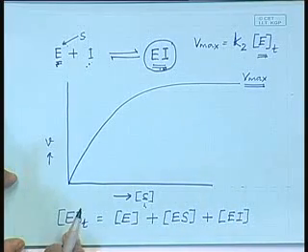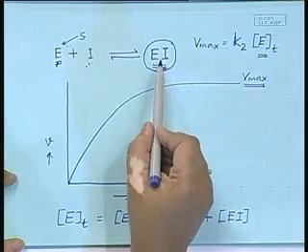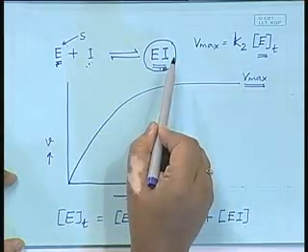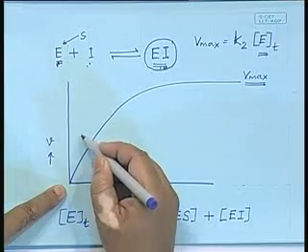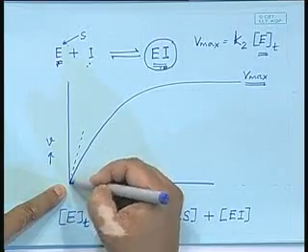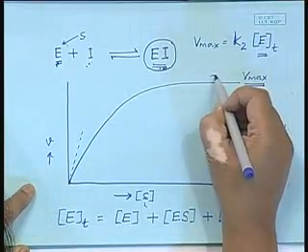That is my total enzyme, but since we have an equilibrium here, I will not start off with the same velocity as I had when I had no inhibitor.